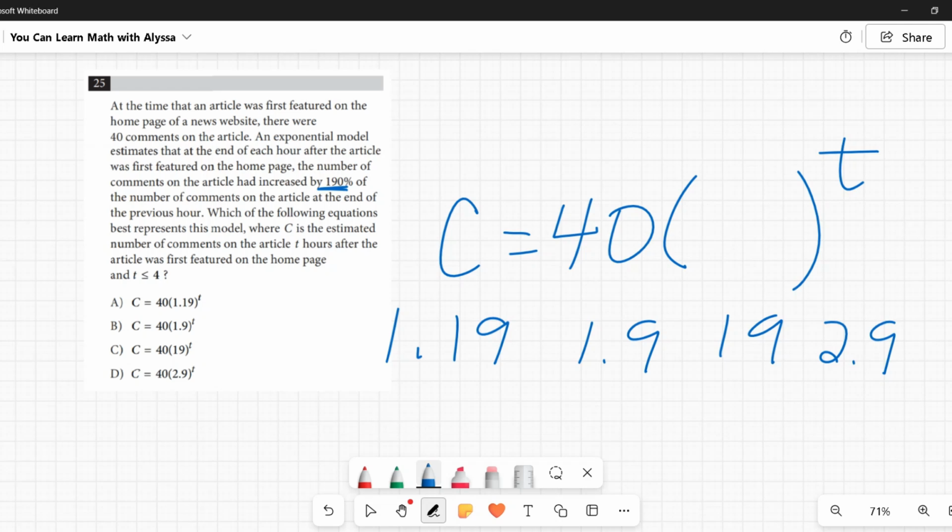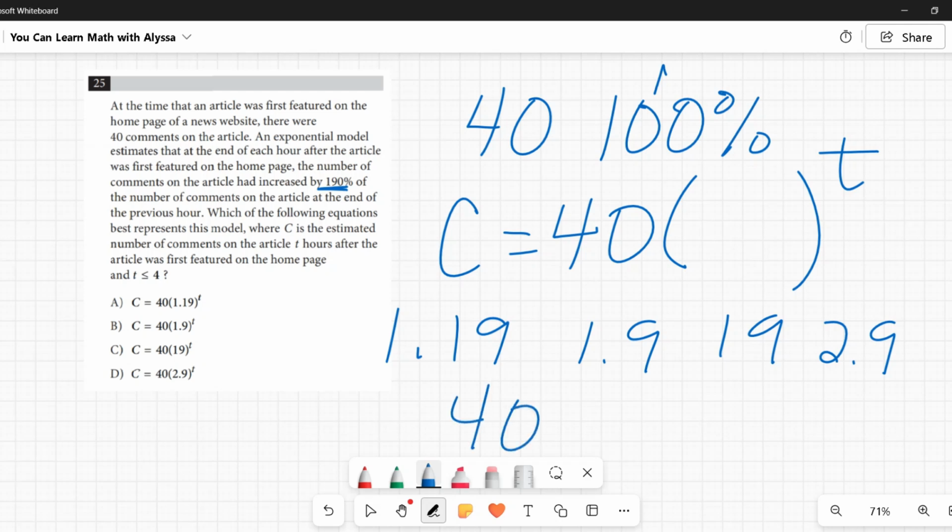What's the difference? Think about it this way. If I said I had 40 comments and then after an hour it increased by 100%, would I multiply by 1? It's not changing anything, right? There's no increase at all. No, if you increase by 100%, you've doubled the number of comments. It was 40, and then there was 100% more, 40 more that happened.